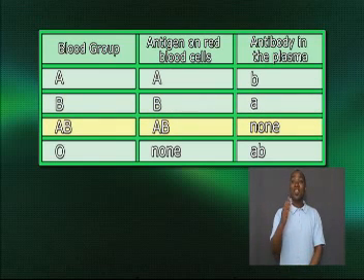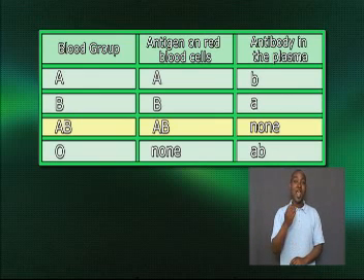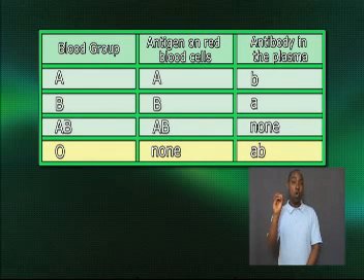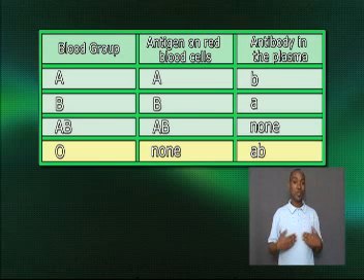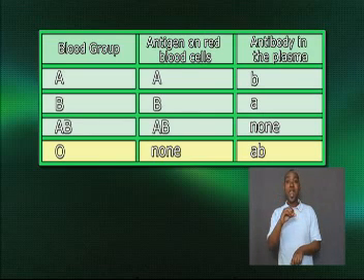Type AB blood consists of antigens A and B. Type AB blood is only compatible with type AB blood. Type O blood consists of antibodies A and B. Type O blood is compatible with all the other blood types.